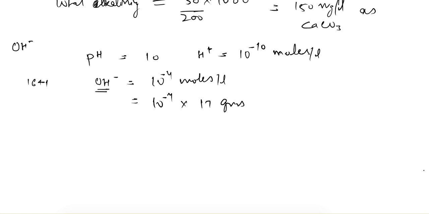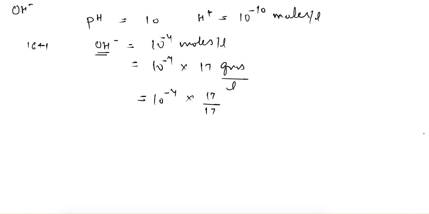That is 17 grams per liter, and if you want to write it in gram equivalent, that will be equal to 17, the weight we have taken, divided by the equivalent weight, that is also 17. So this is simply 10 to the power minus 4 gram equivalent per liter.